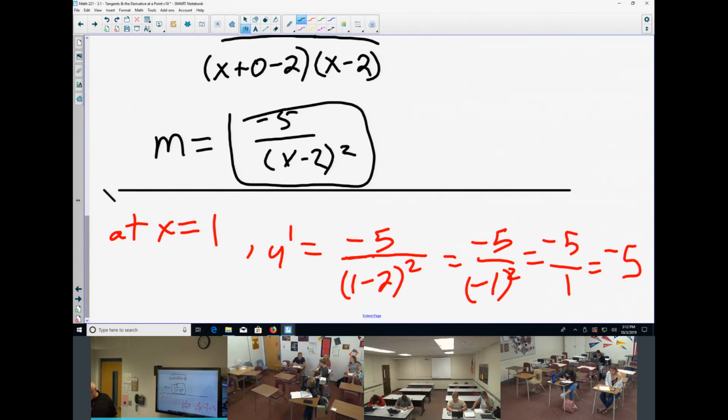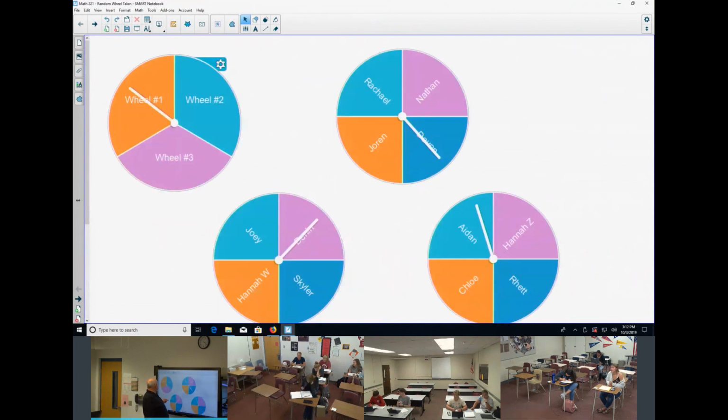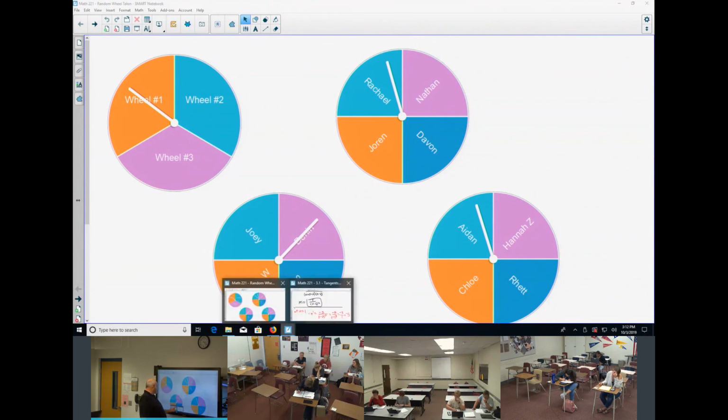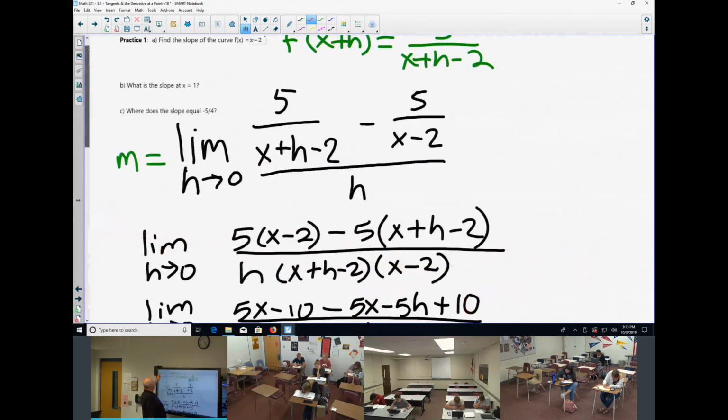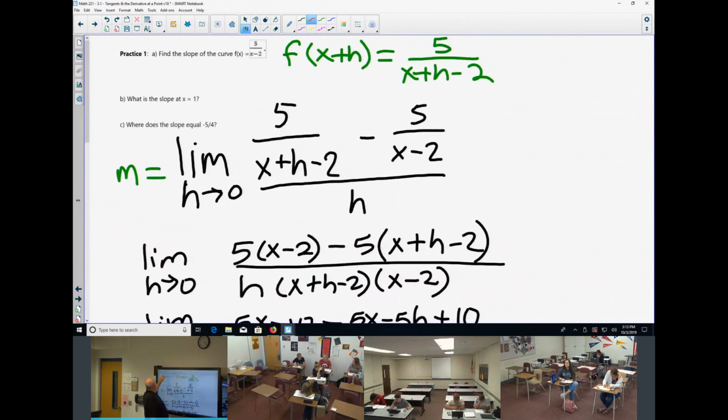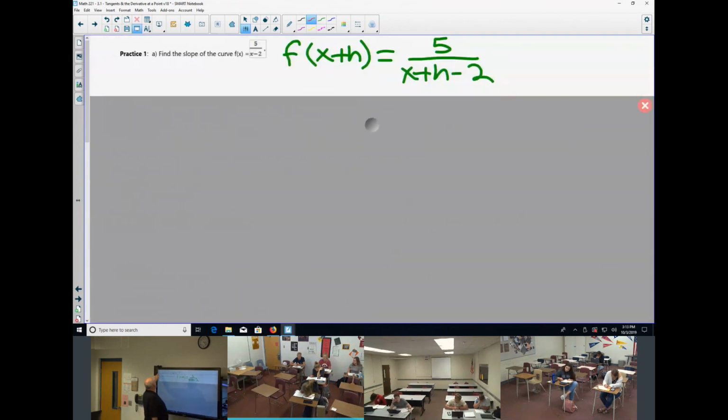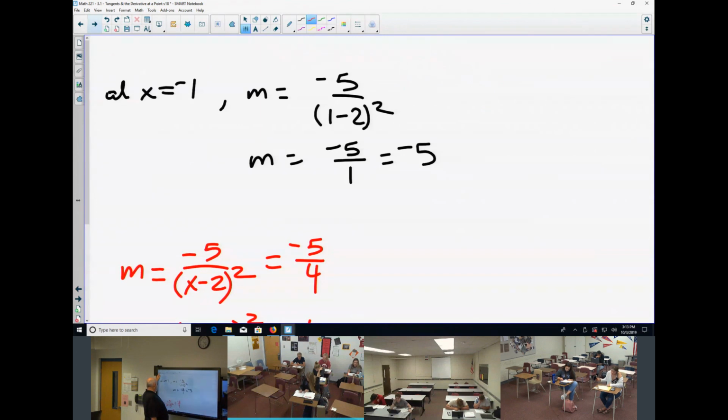All right, and then the last part, where does the slope equal negative 5/4? So what's the value for x where the slope is negative 5/4? All right, so Rachel, when you've got it. x equals 4 and x equals 0.